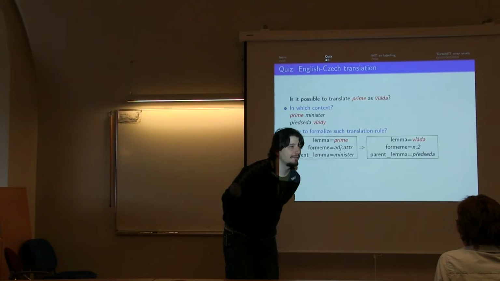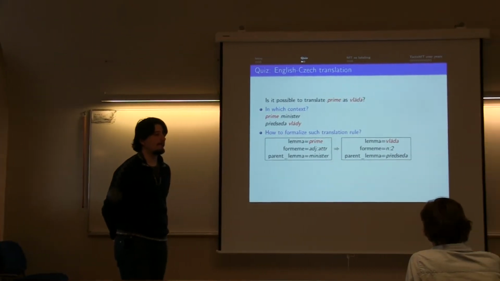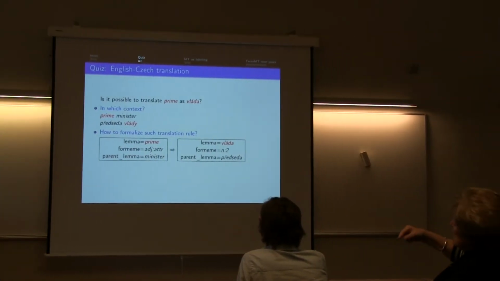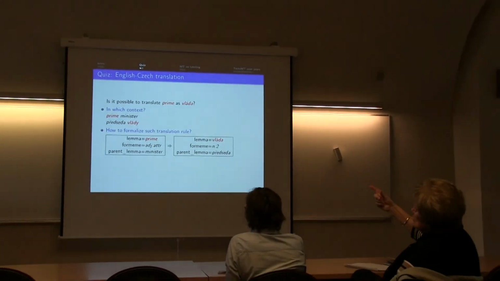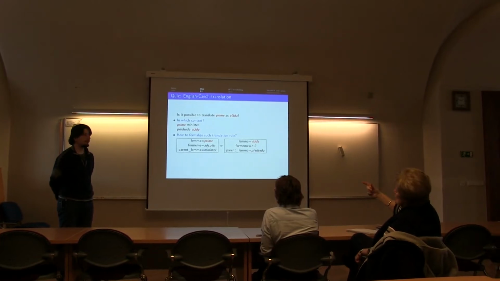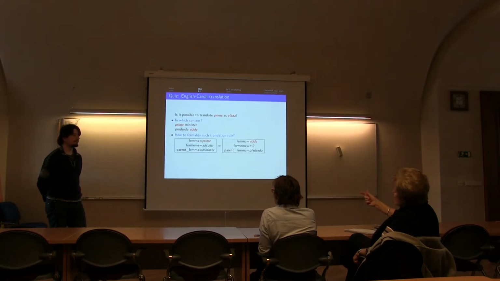Yes? Yeah, no, it's just when looking at these examples, for me at least, prime would be something which may correspond to předseda, and vlády would correspond to minister, because if you have ministers in plural, you would probably like, in some context, to translate it as vláda. So why have you chosen this?